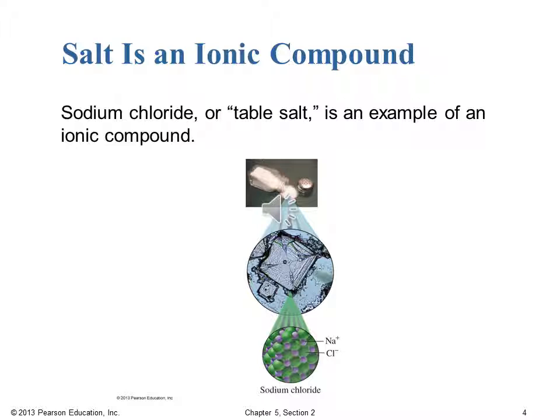So if our goal is to keep chemistry simple, and believe it or not, that's one of my goals, at least keep it simple enough, but yet give you what you need to know from the course, we'll think of salt. Sodium chloride or table salt is our classic ionic compound. So it helps to have something in mind when we're talking about these things. And salt, table salt, sodium chloride, is a really good example. It's a solid like we'd expect.